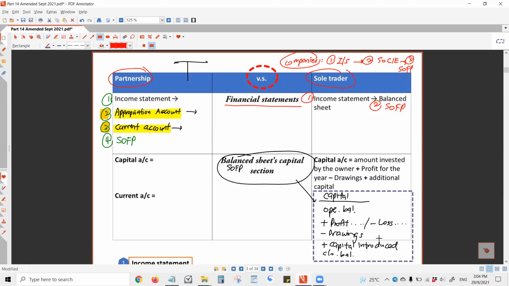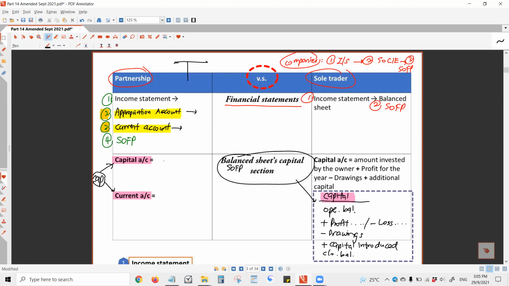And for partnership, this capital section is further divided into 2 divisions. The original capital, you split it into 2. The first division, we still make use of the name capital. The second division, we call it the current account.